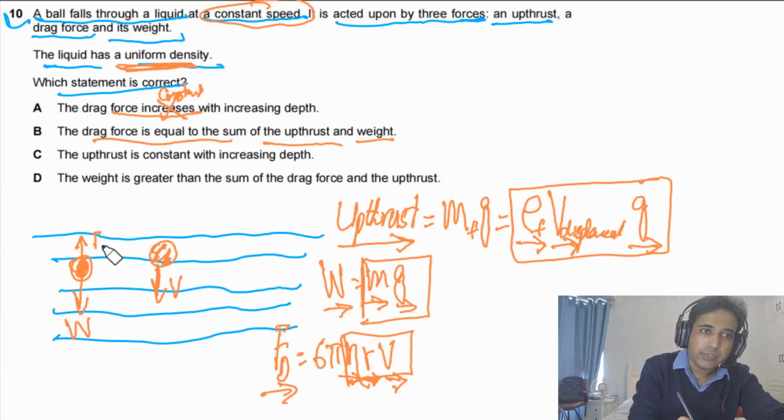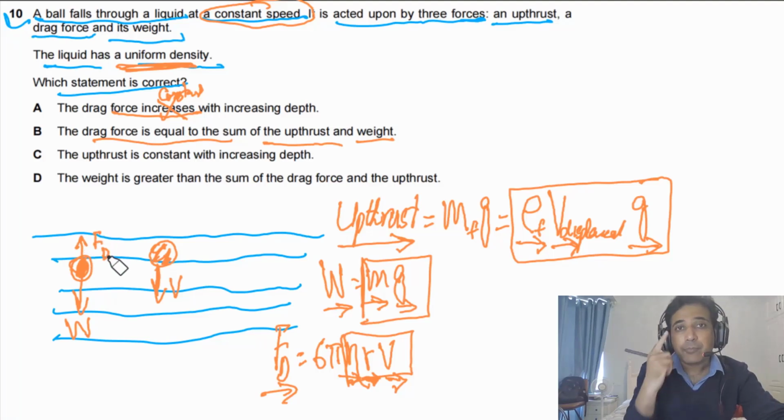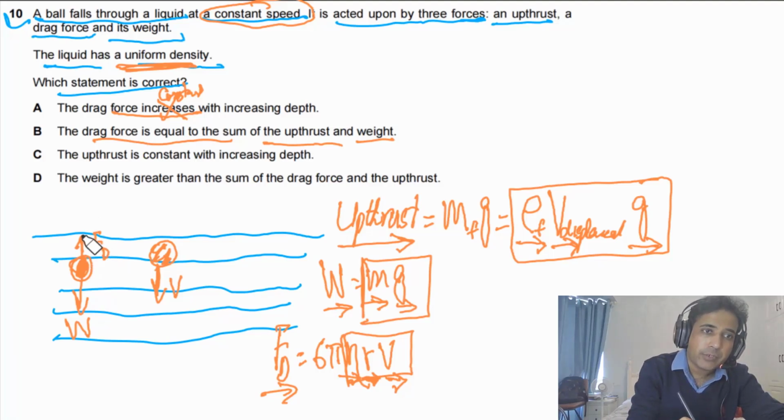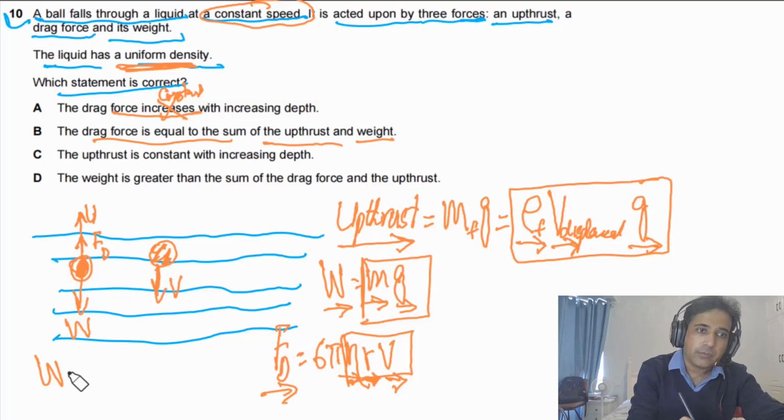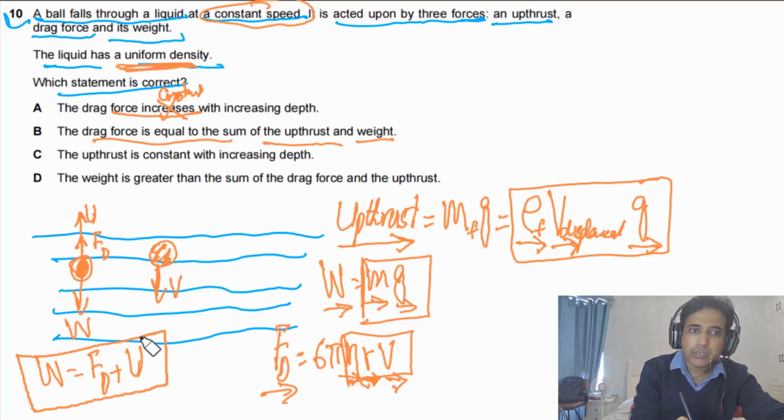We can say this is the drag force, and upthrust is always in the upward direction, so this is upthrust, which is up. So in this case weight is equal to drag force plus upthrust. This is another point you need to understand. And the option is telling us drag force is equal to the sum of upthrust and weight.